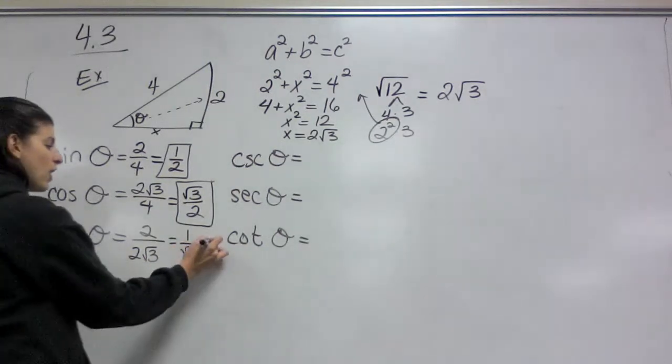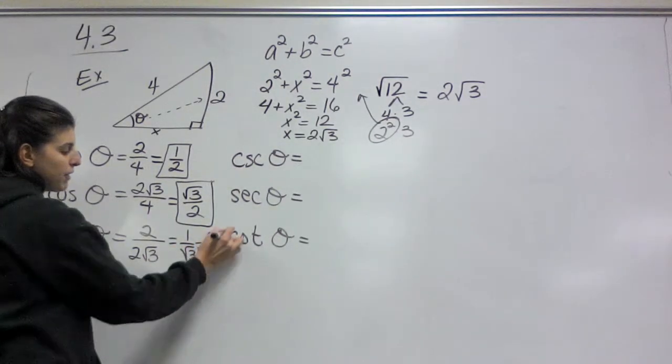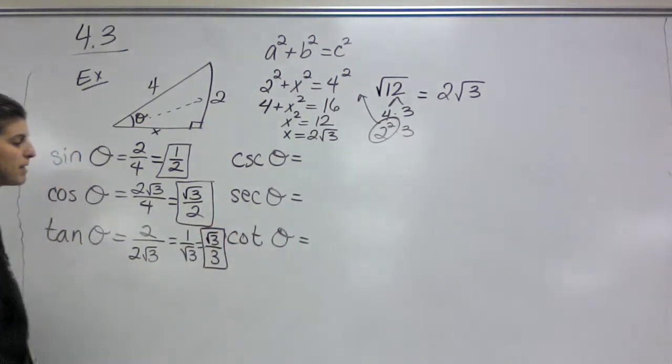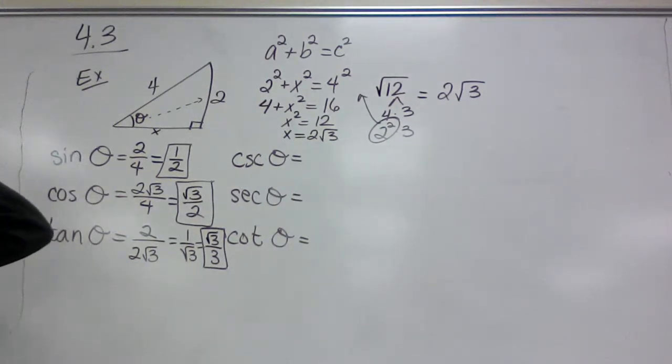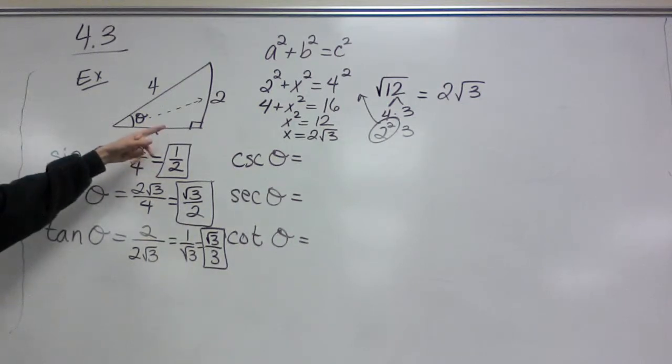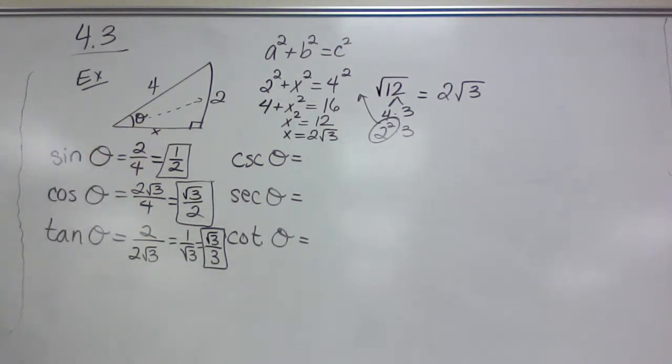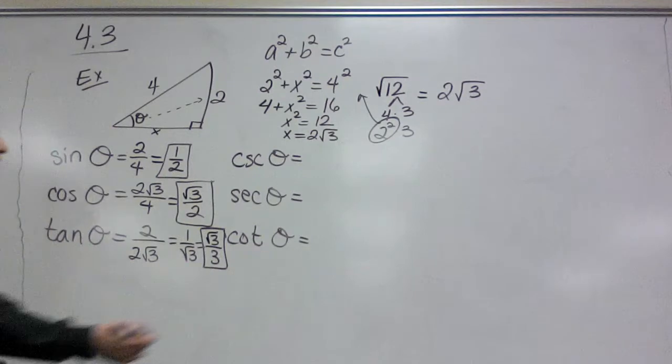Square root of 3 over 3 is the simplified tangent value. I should have left myself a little more space. Sorry about that. All right, the cosecant value. Anybody want to give me the cosecant value? What did we do? 4 over 2, okay, or just flip the sine value, right? So 2 over 1, or just 2.